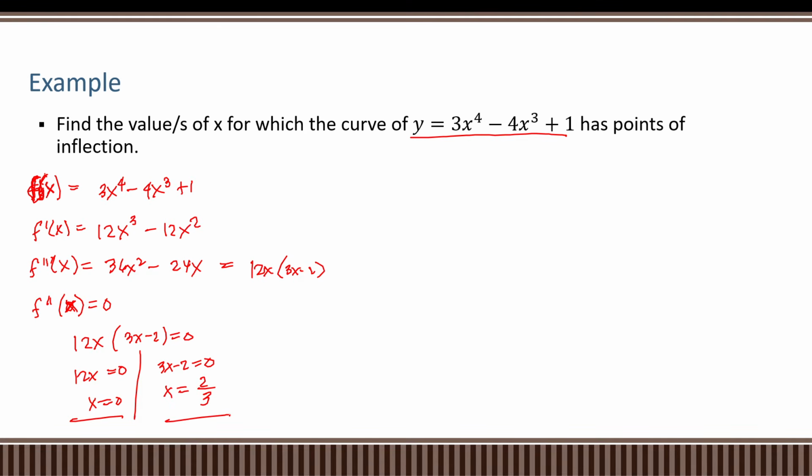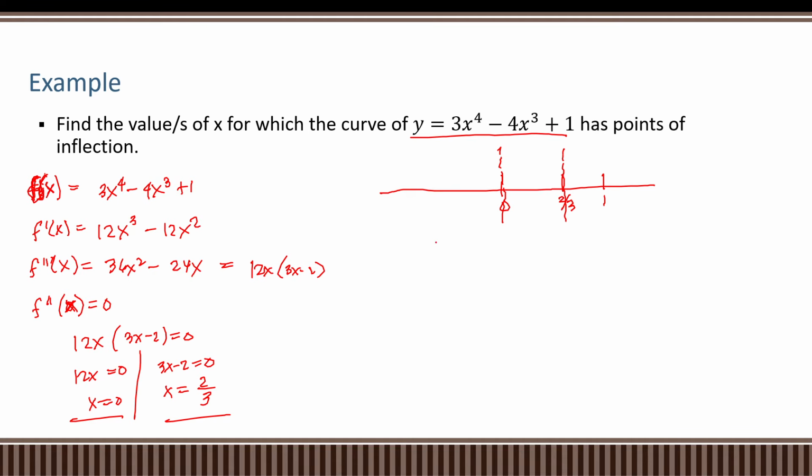So these are the possible points of inflection. But we have to test whether these are really points of inflection. So we have the points 0 and 2/3. We have to create the intervals here.